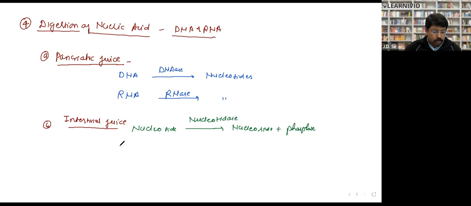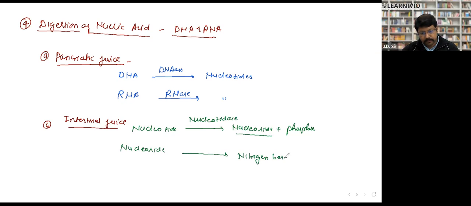Again, nucleoside is broken down into nitrogen base plus pentose sugar, a simpler form, with the help of nucleosidase. So that is all about the physiology of digestion, right? Please note it down.